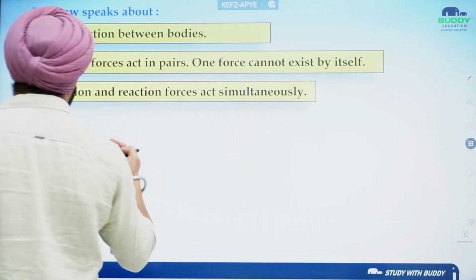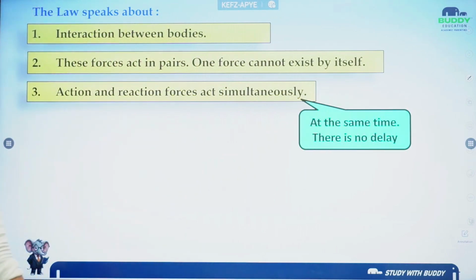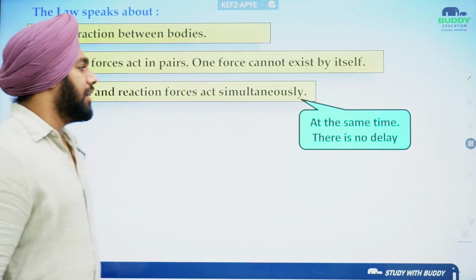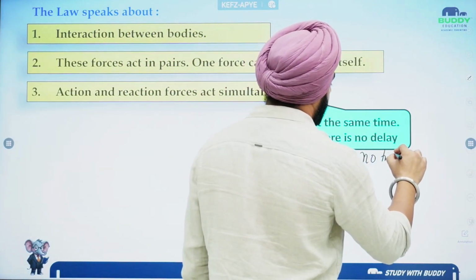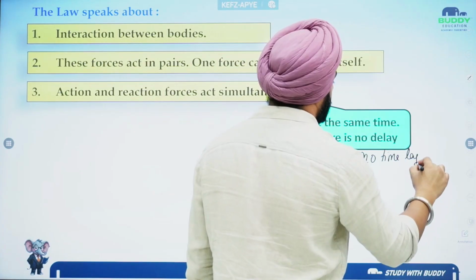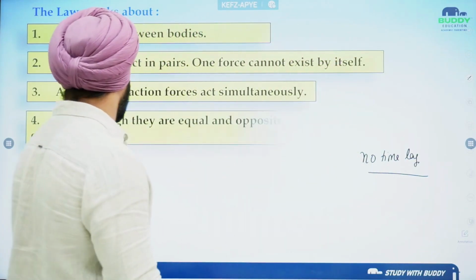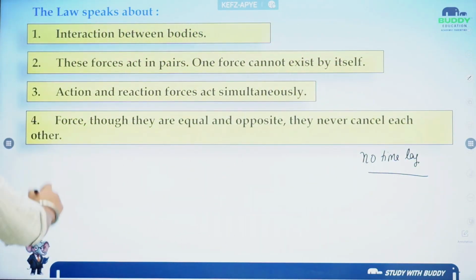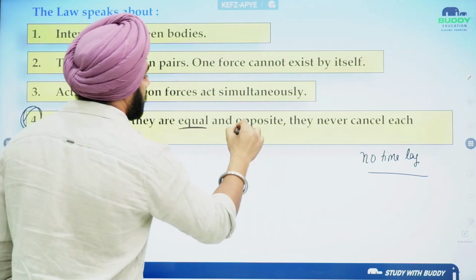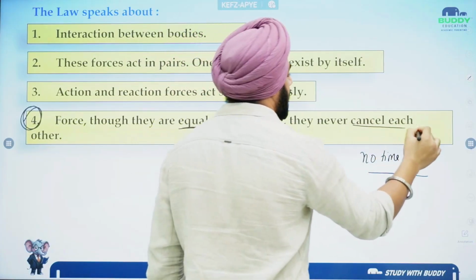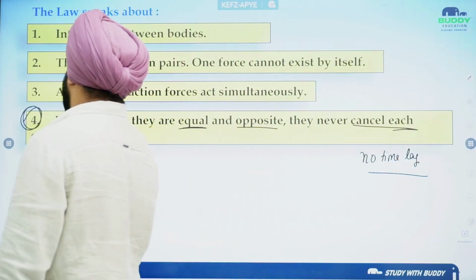If there is action, there would be reaction at the same time, with no delay, no time lag. They are equal and opposite, and they cannot cancel out each other because they are acting on two different bodies, right?